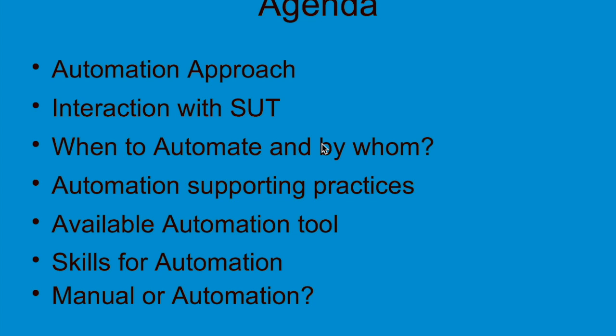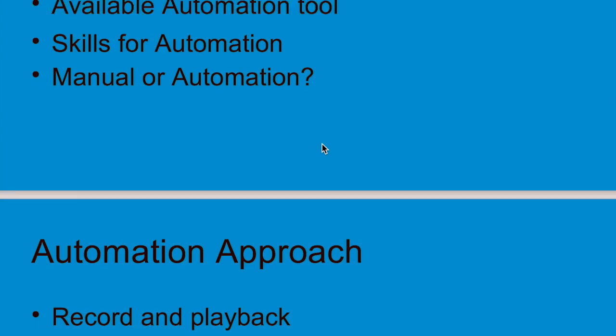What are different kind of automation tools which are available and which could be used by team for automation purpose? What are different kind of skills that are needed by testers, developers, or anybody who is interested to do automation? And finally, we need to figure out which way to go, manual or automation, or why manual and why automation. So these are the topics which we are going to cover in our today's presentation.